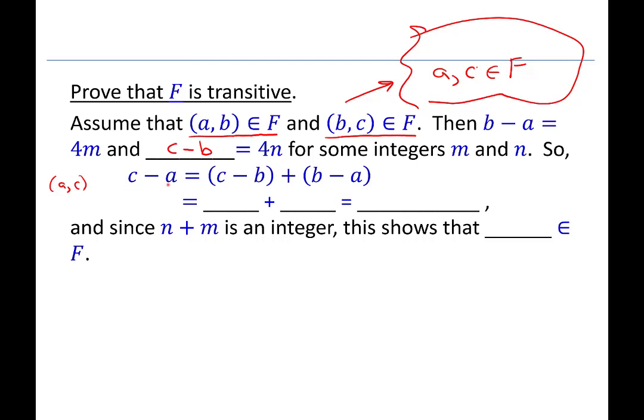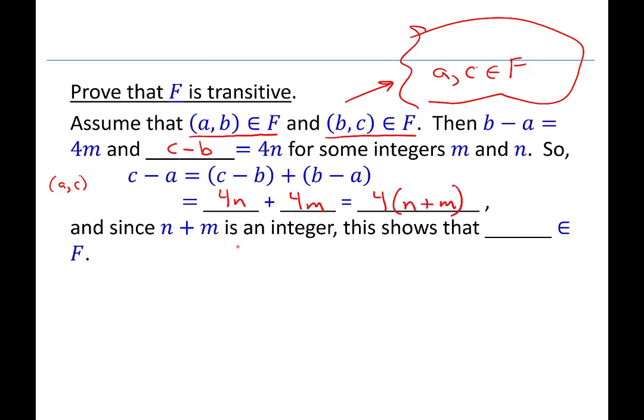But c minus a turns out to be c minus b plus b minus a. That's pretty clever, right? Because then the b's drop out. But I know something about c minus b: it is 4n, and I know something about b minus a: it is 4m, which is just 4 times (n plus m).